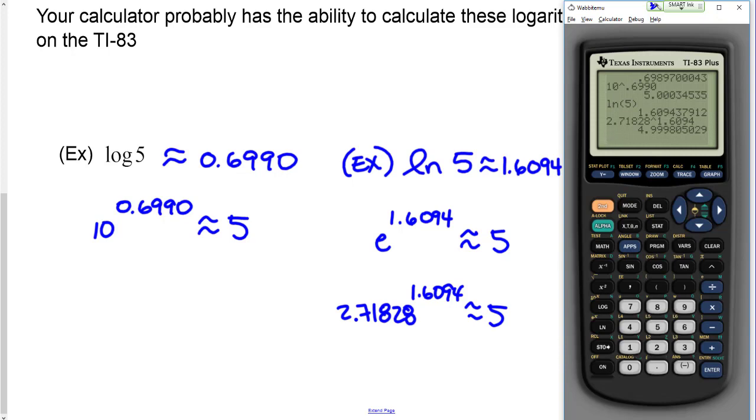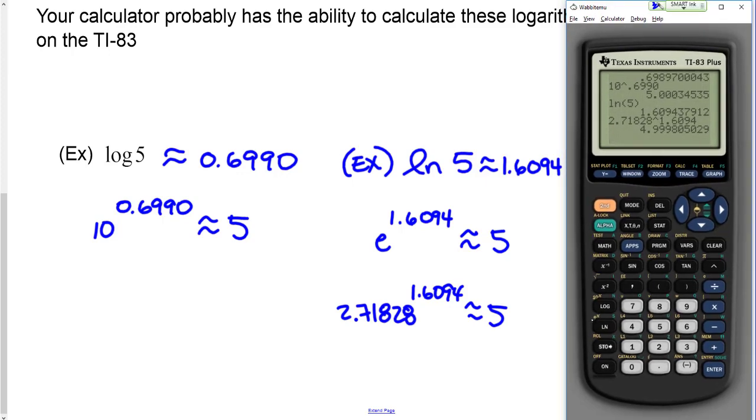Now, when it comes to doing e, the calculator knows what e is. So for instance, if you'll notice right above the natural log in yellow, the same key color as your second button, there's an e to the x there, which basically means if you hit second and ln, it takes the value e, which it knows to be 2.71828 and so forth, and you can just input the 1.6094, and there you have it there.